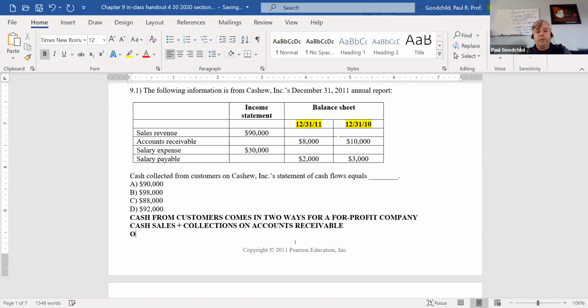And then occasionally there are deposits in advance.